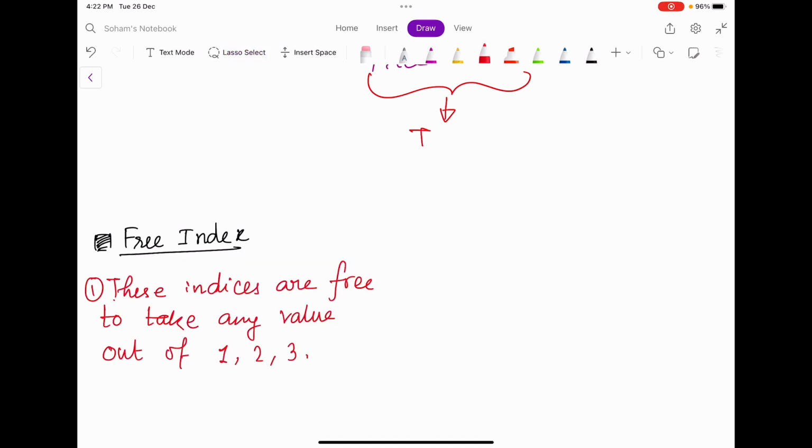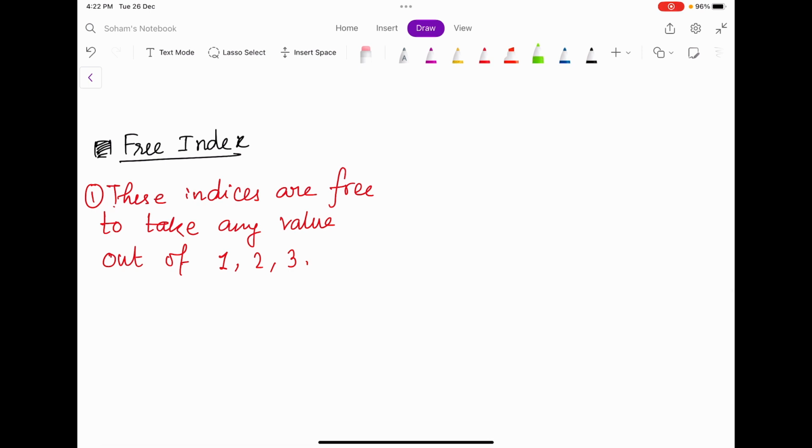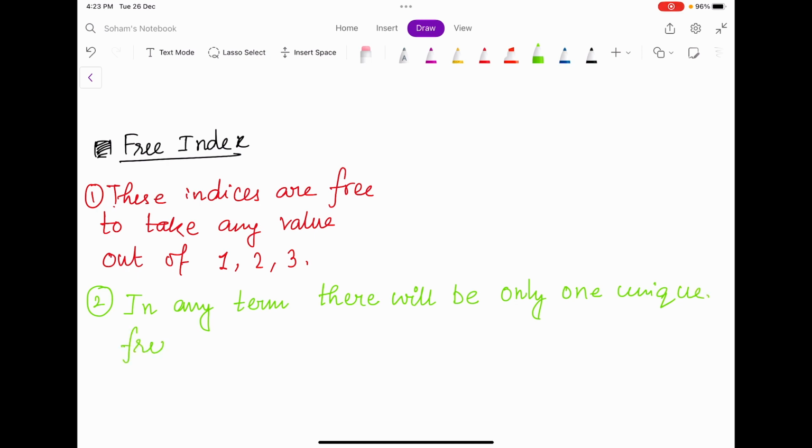The second point is, in any term, there will be only one unique free index.